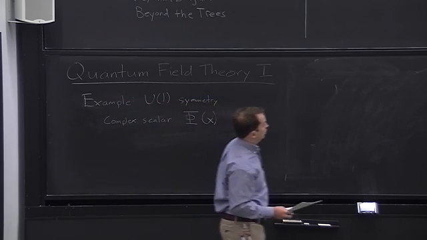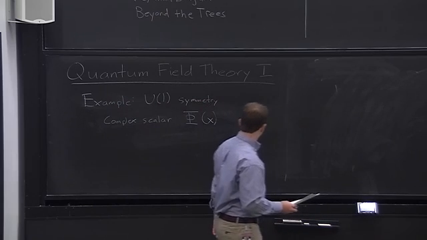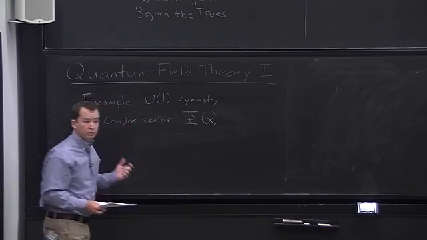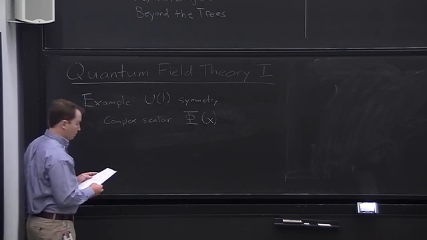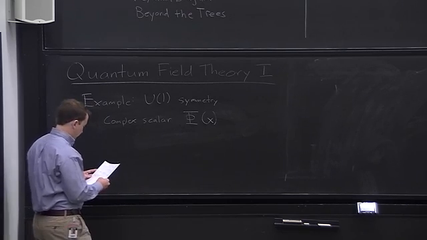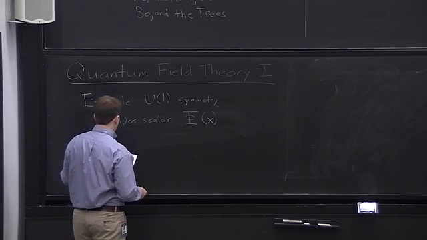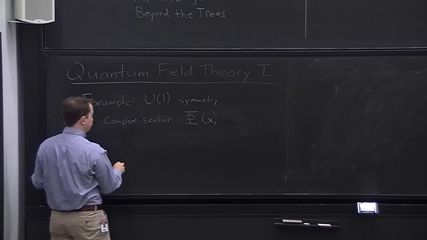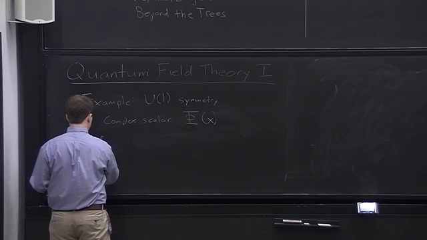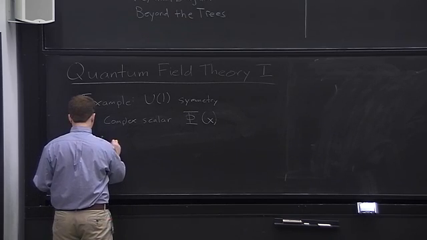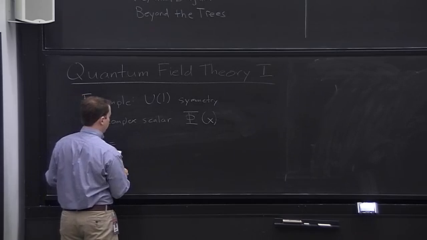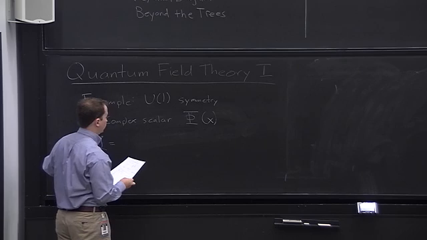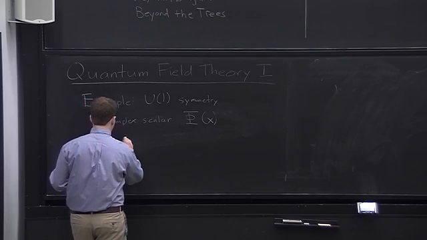So the example we considered before was a real scalar field. The Klein-Gordon field is a real scalar field. And we can write down a Lagrangian for a complex scalar field with a U1 symmetry.